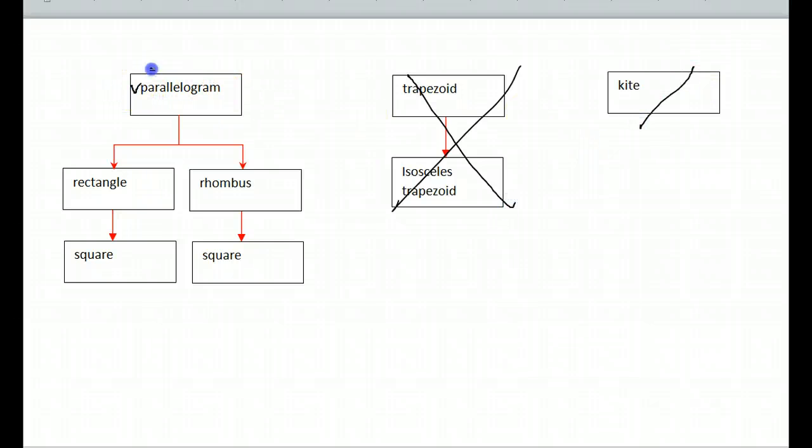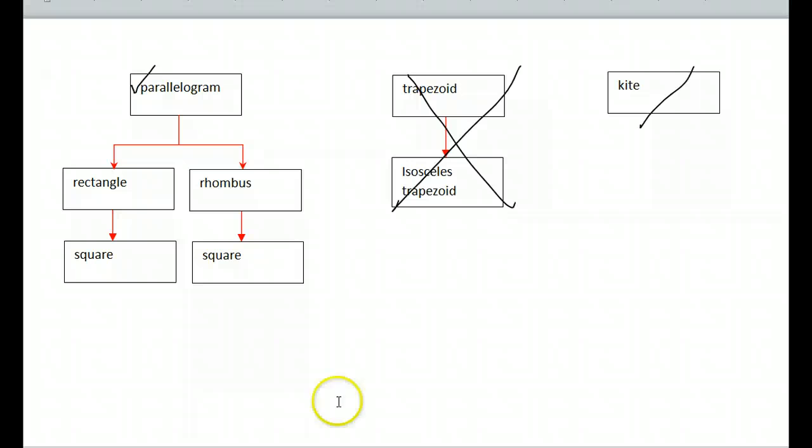Alright, so parallelogram check. But there are 4 different versions of a parallelogram. It could be simply a general parallelogram, or it could be more specific, a rectangle or a rhombus. If it turns out to be a rectangle or a rhombus, we have to ask ourselves, is it a square? But for now, let's move down and ask ourselves, is this a rhombus or a rectangle? Let's start with rhombus.